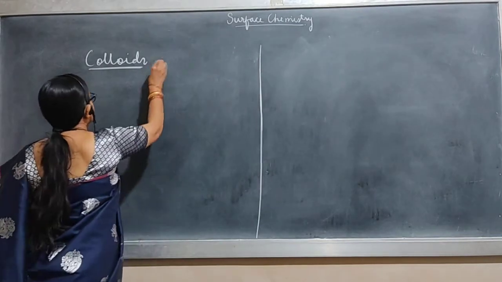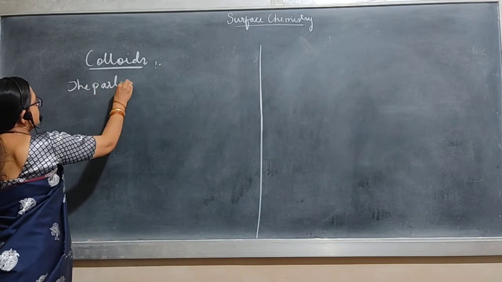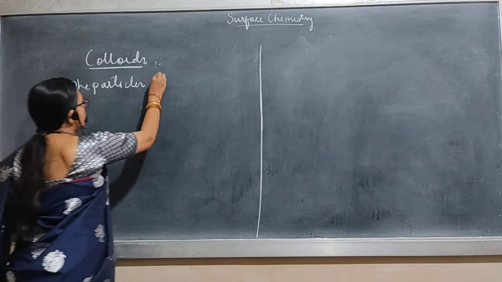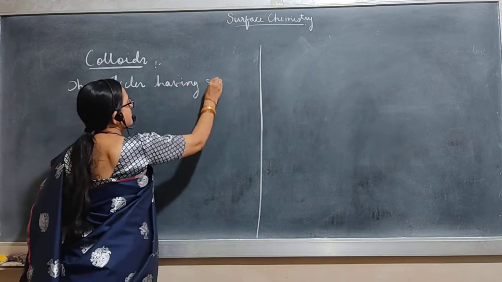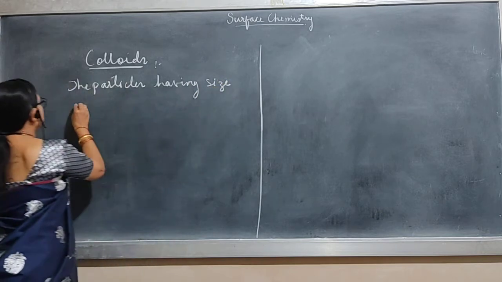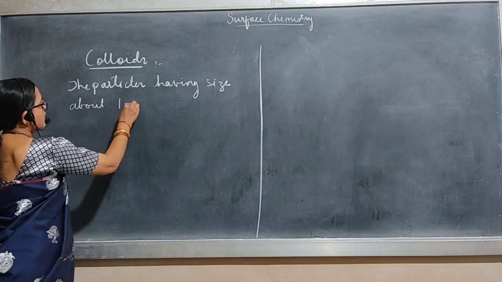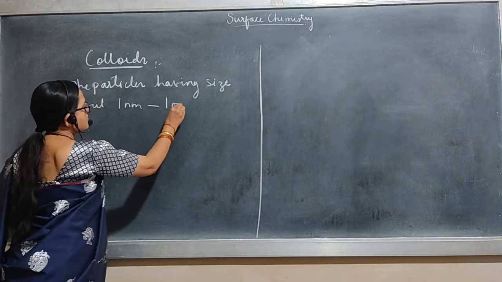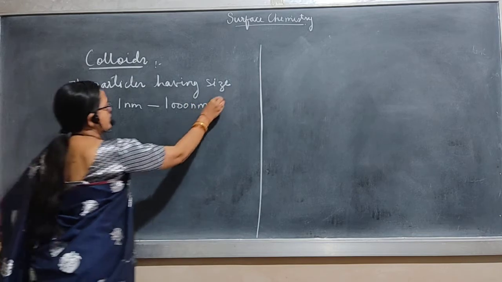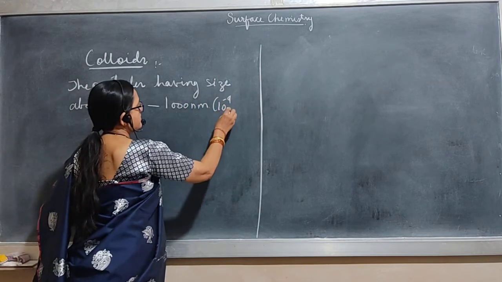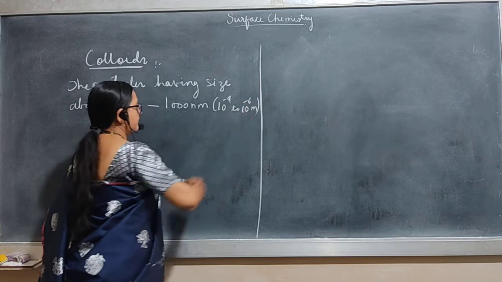So the particles having size about 1 nanometer to 1000 nanometer. Also you can write it as 10 power of minus 9 to 10 power of minus 6 meter.